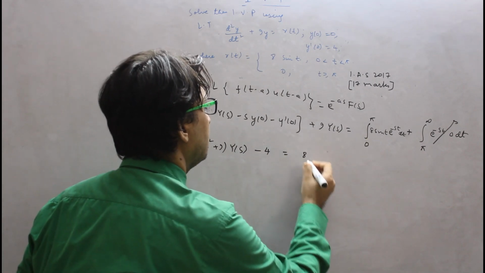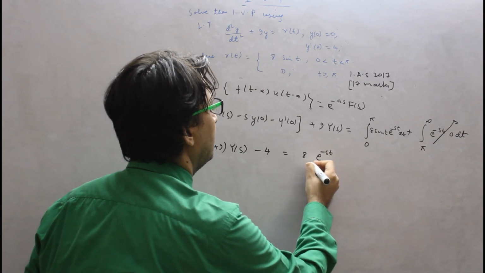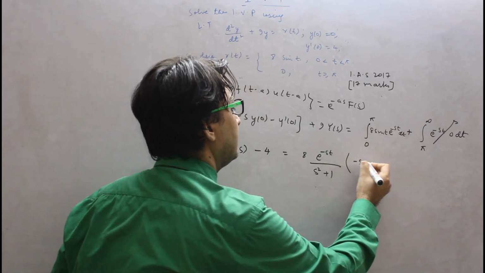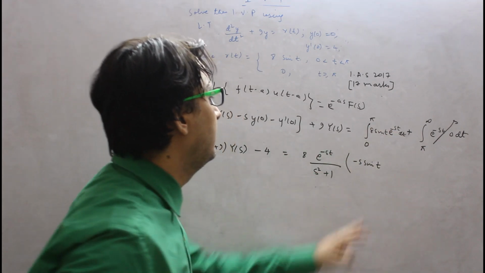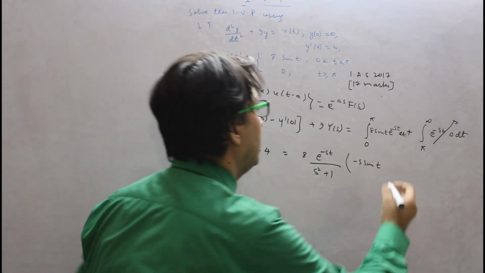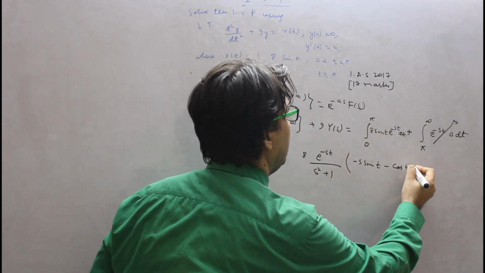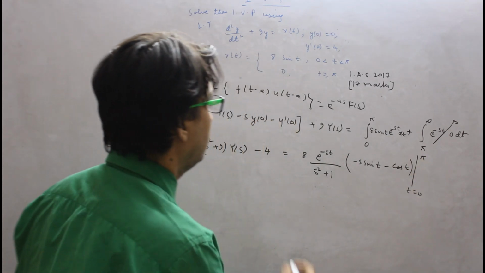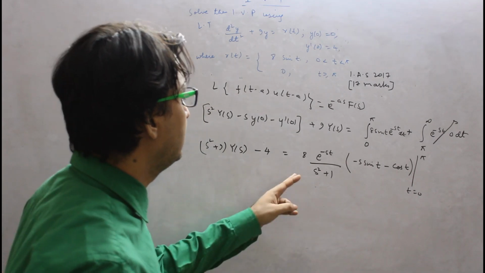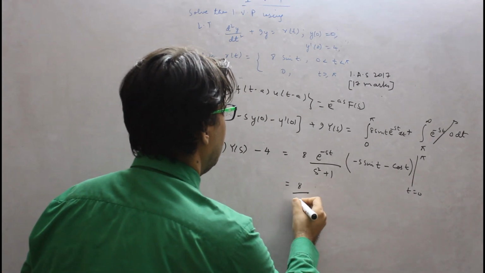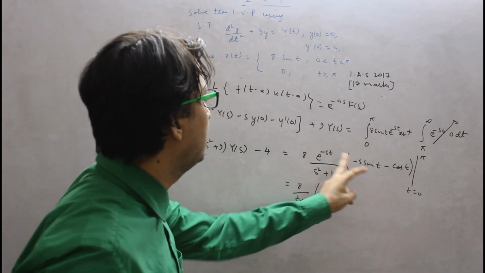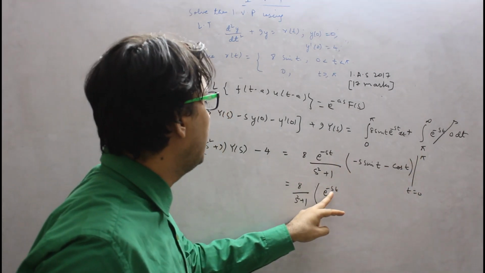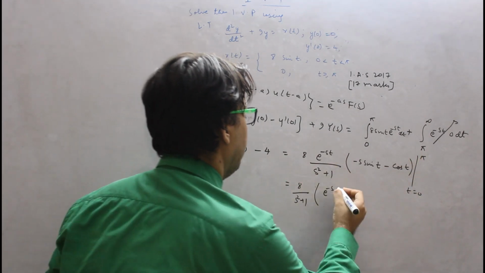So what does the integral become? e to the power minus st divided by s square plus 1 into (minus s sin t, and minus the coefficient of sine, so minus cos t), and the limit runs from 0 to pi. Here we can take this outside and write e to the power minus st. Here I am putting the upper limit, in place of t I am going to write pi.